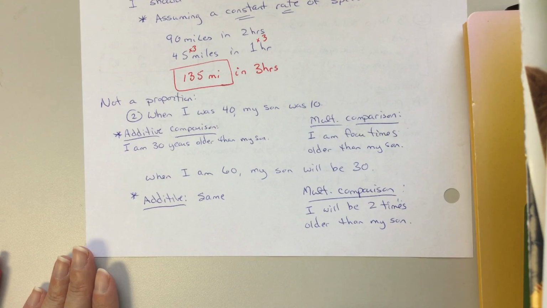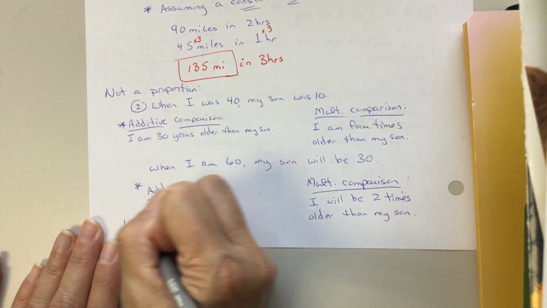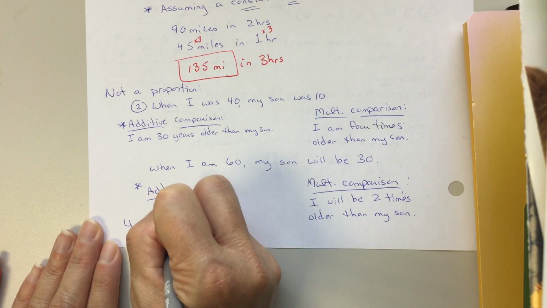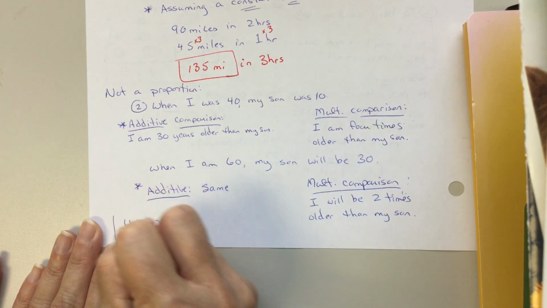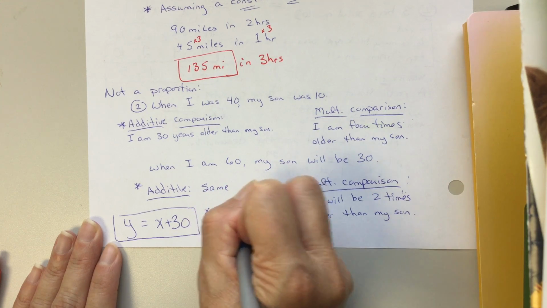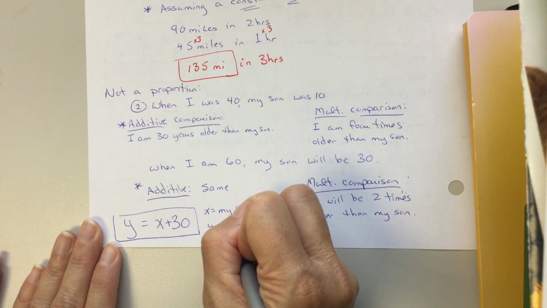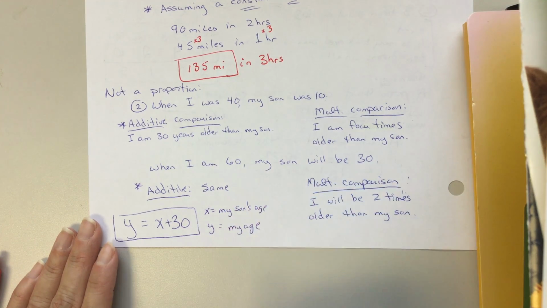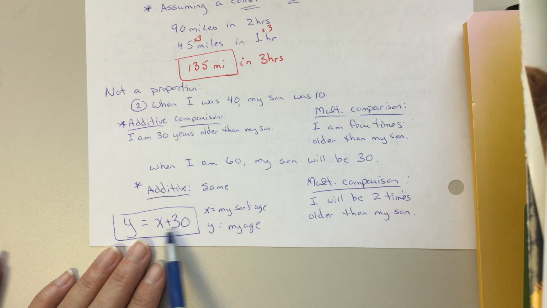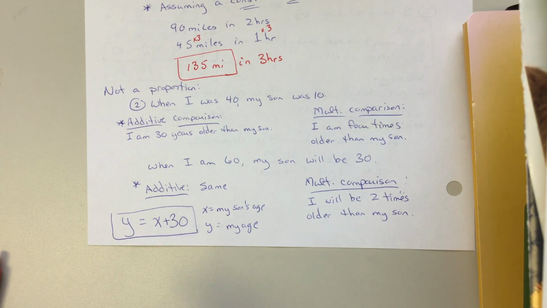And if I wanted to even define that as an equation, I could say y equals x plus 30, where x would be my son's age and y would be my age. All right, so if I plug my son's age in and add 30, I should get my age. And that's going to be true all the time.